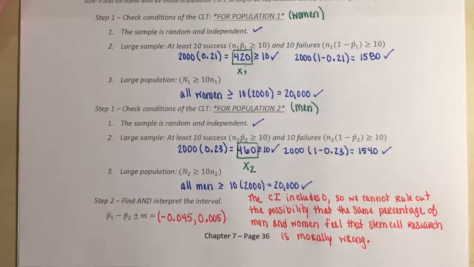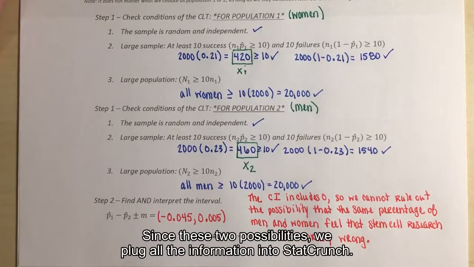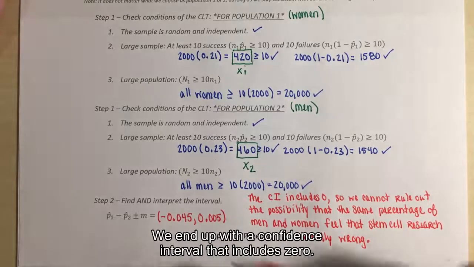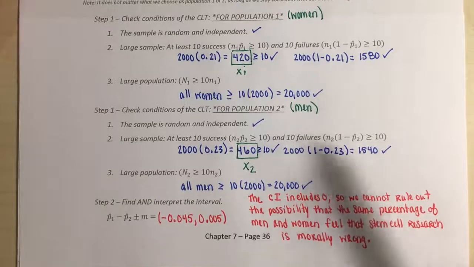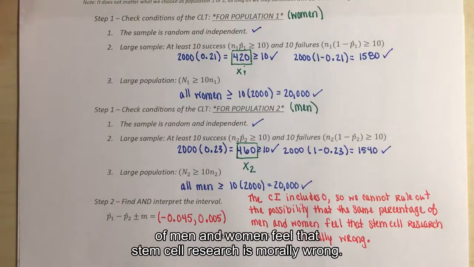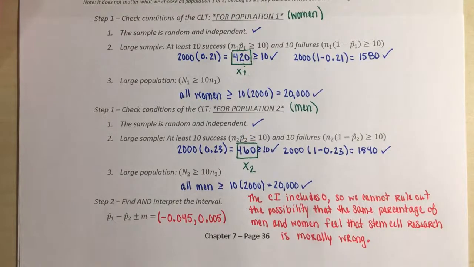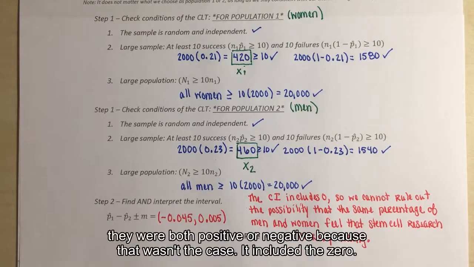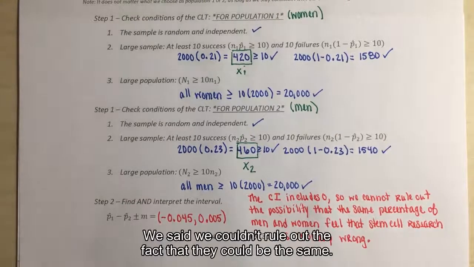Since we plugged all the information into StatCrunch, we ended up with a confidence interval that includes 0. We cannot rule out the possibility that the same percentage of men and women feel that stem cell research is morally wrong. We didn't need to go into whether they were both positive or both negative because that wasn't the case. It included 0, so we said we couldn't rule out the fact that they could be the same.